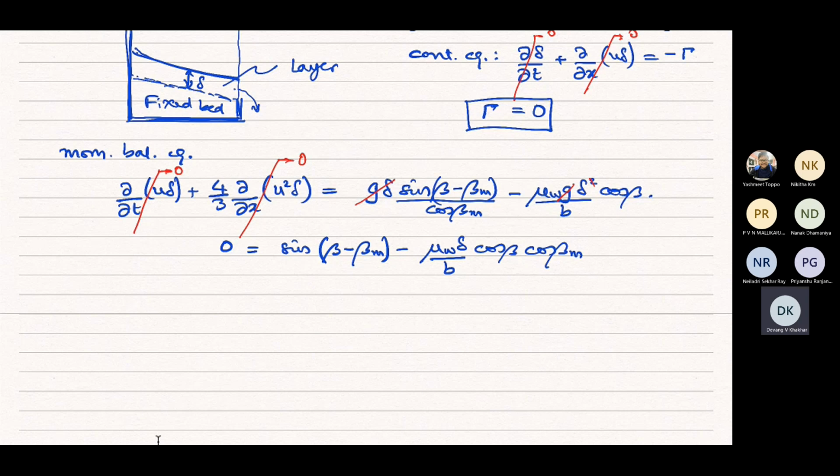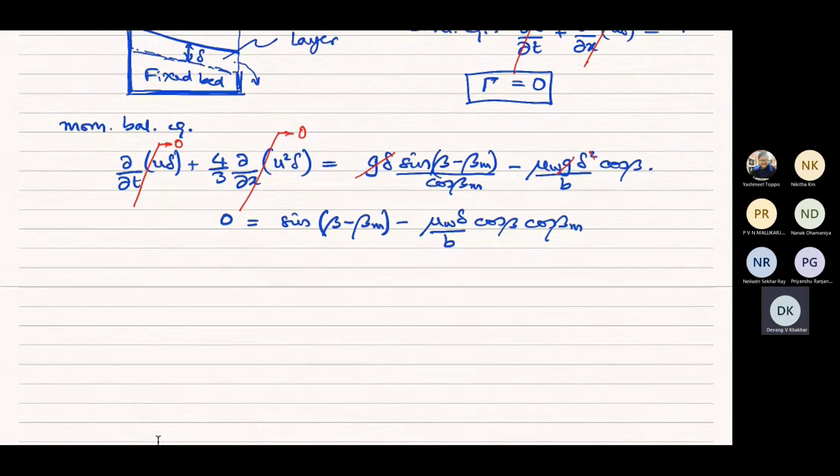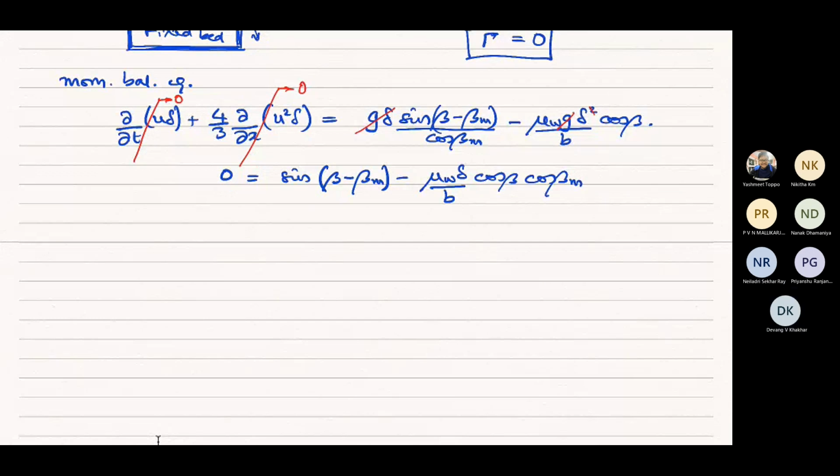And now if we look at small beta, and the angle to be small, then what you will get.